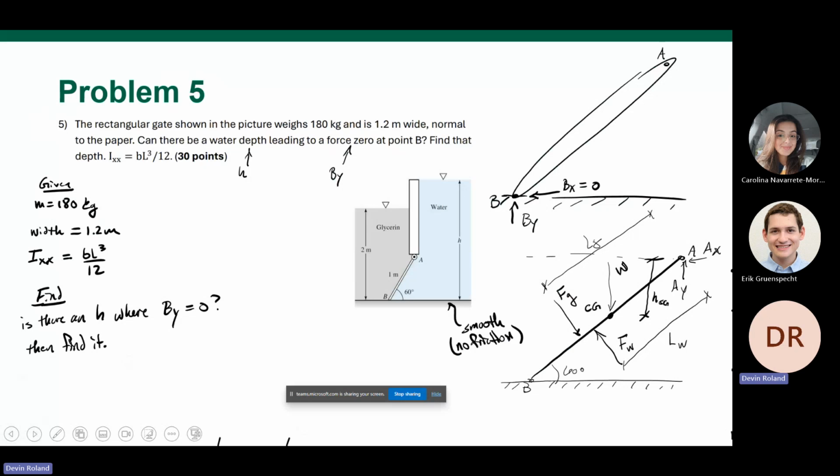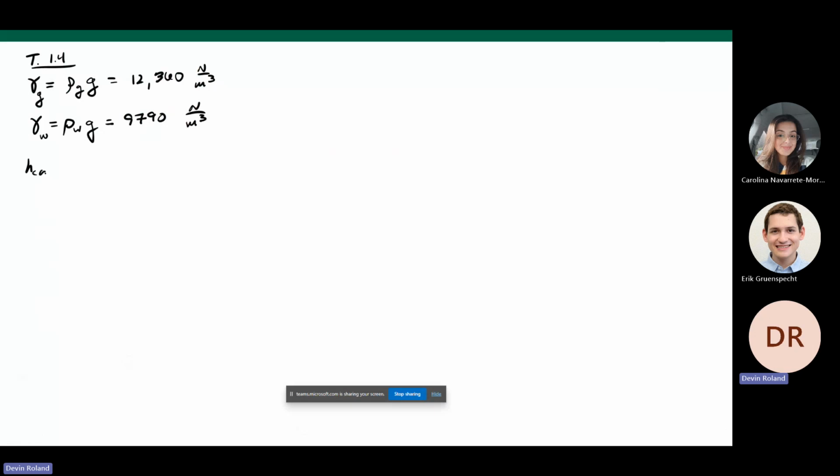We have the 60-degree angle here. If you think about that angle being right here, 60 degrees, then that height is going to be the sine of 60 multiplied by half of the length of the gate. So HCG is equal to 0.5 meters times sine 60 degrees, and that is going to give you 0.433 meters. So that's the vertical height.